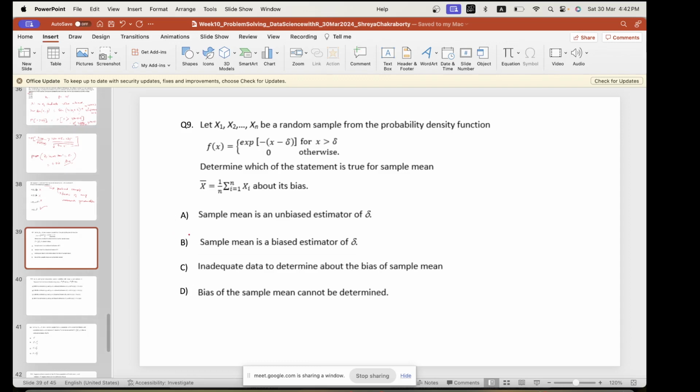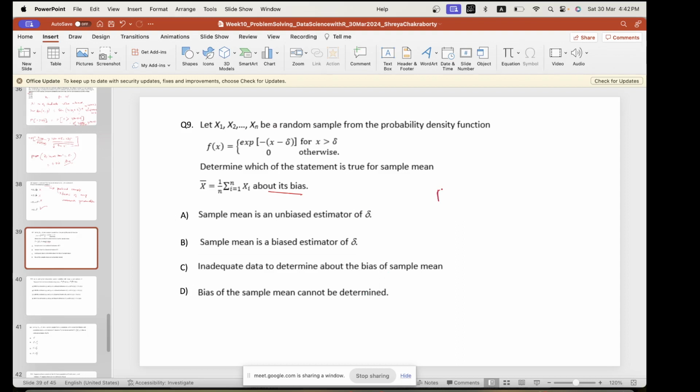Okay. So let x1 to xn be a random sample from the probability density function. Determine which of the following is true for the sample mean about its bias. So is the sample mean an unbiased estimator, is it a biased estimator, or can the bias be determined or not, that we have to see.